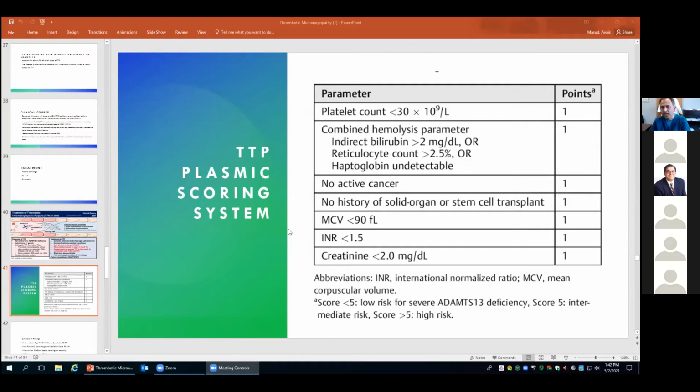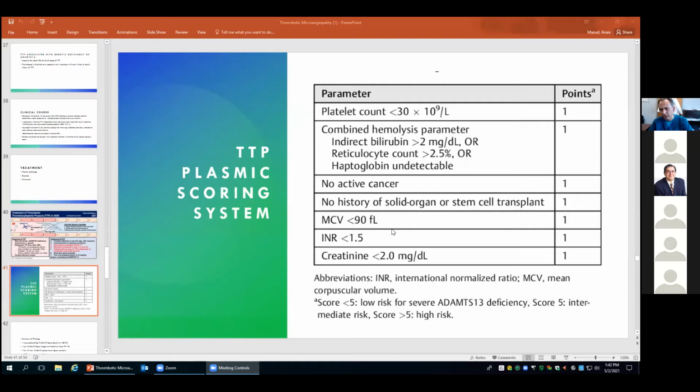You can see that if platelet count is less than 30, that's 1 score. There's evidence of hemolysis. There's no active cancer, no solid organ transplant, so other secondary causes are ruled out. And the creatinine is less than 2.